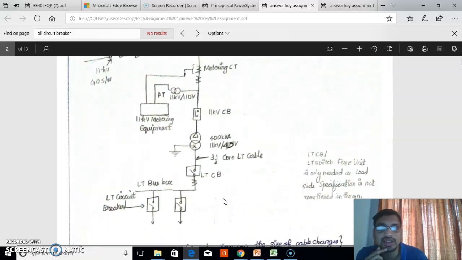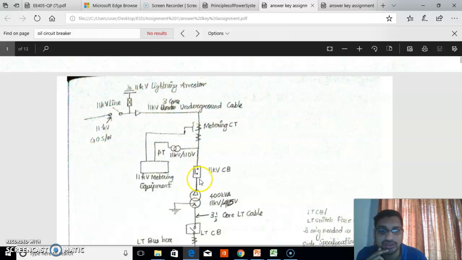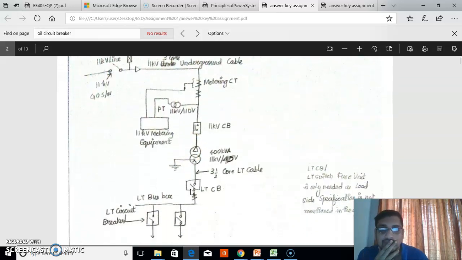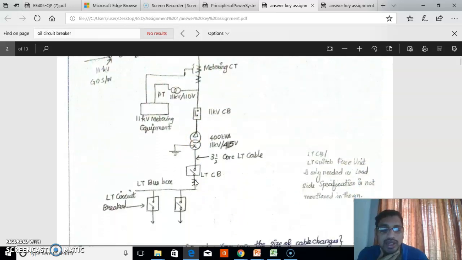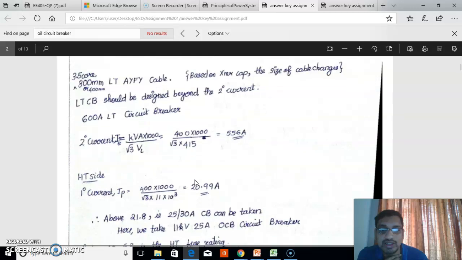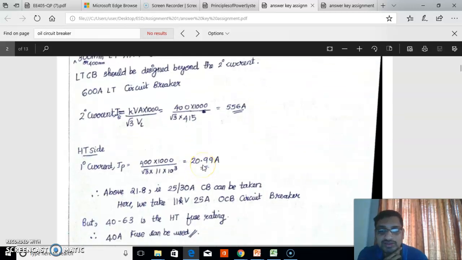So we can write the current rating of this circuit breaker as 25 or 30. The exact sizing of the circuit breaker is 11 kV, 25 or 30 ampere, because it is based on the rated primary current of the transformer. Then we select the cable size, which we also choose based on the primary current of the transformer, calculated as 20.99.